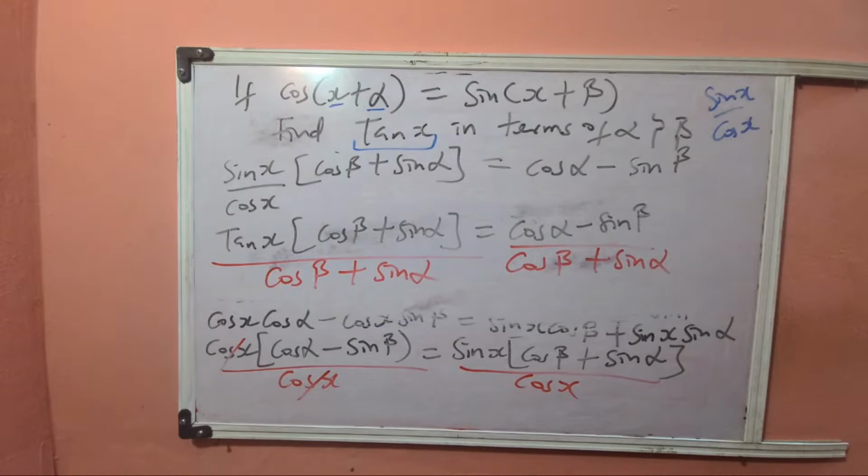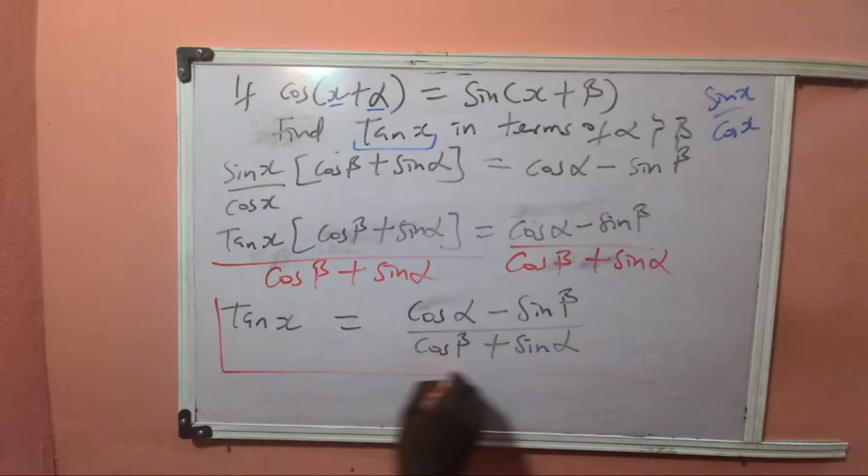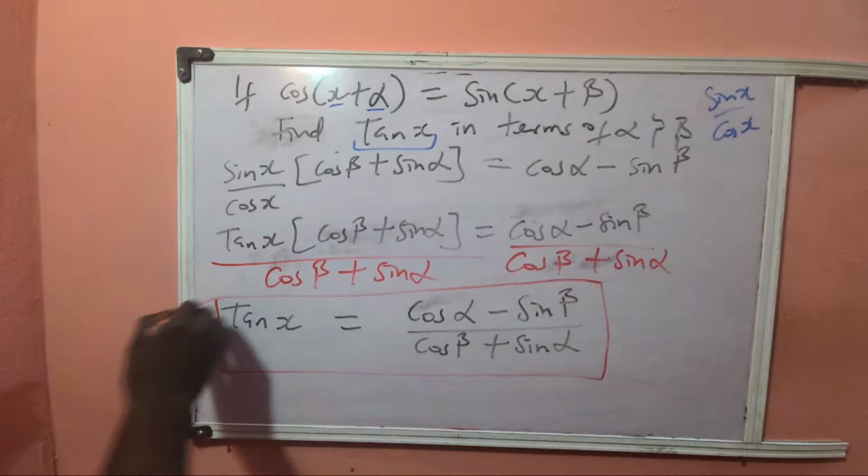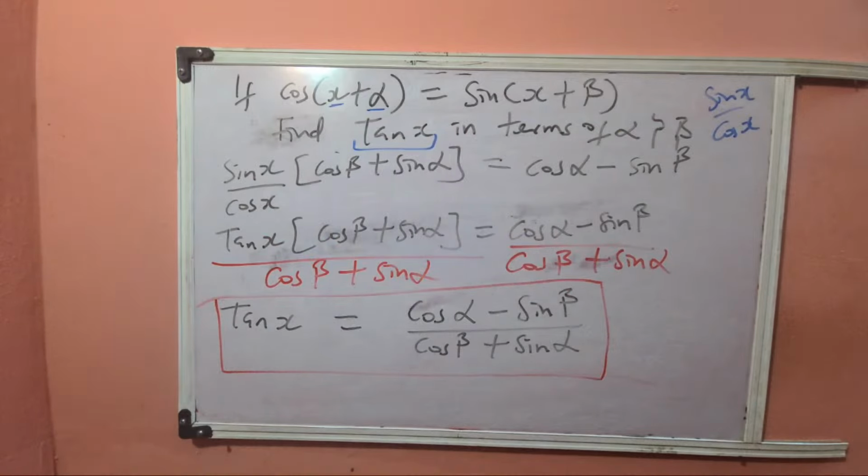It will be equal to cos alpha minus sine beta over cos beta plus sine alpha. Don't forget, this was the question they initially told us to get through. We were told to find tan x in terms of alpha and beta, and we have successfully been able to get this answer. So this is perfect, perfectly done.